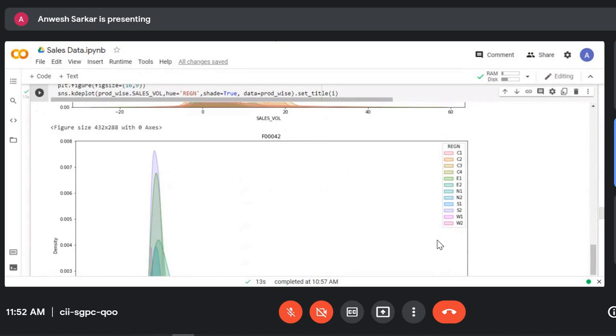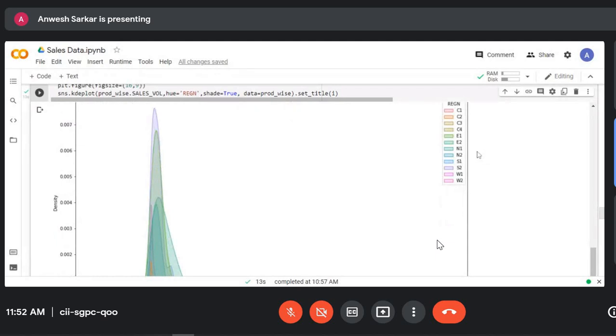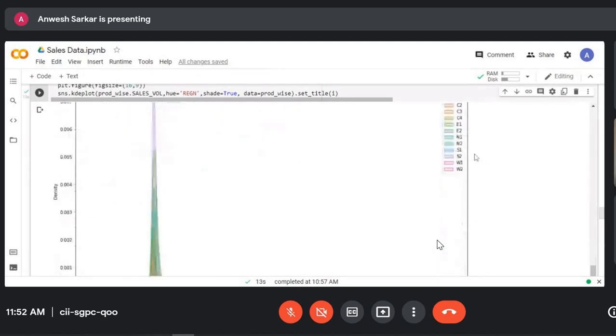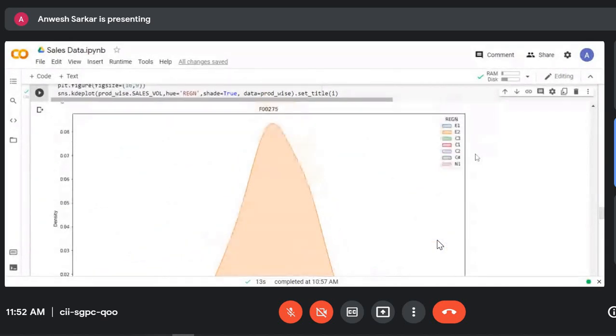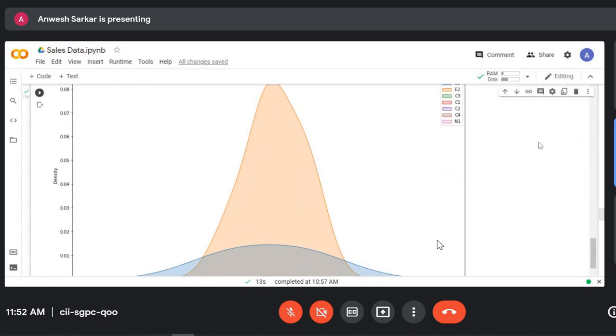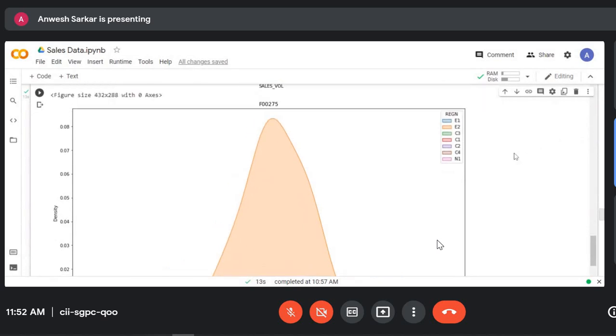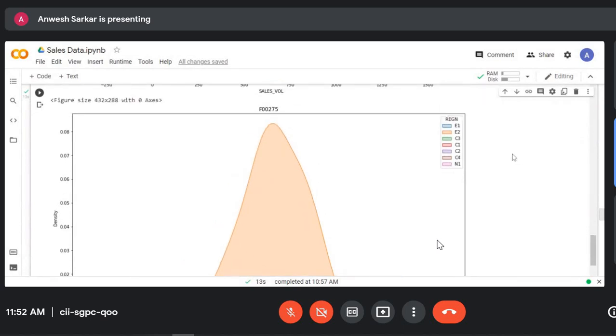Whatever, some F00 particular code, 6 or 7 digit. So that code is constant, but you are stating that this is being sold predominantly in a particular region and is not being sold almost anywhere in other regions. Is that what you are trying to tell?